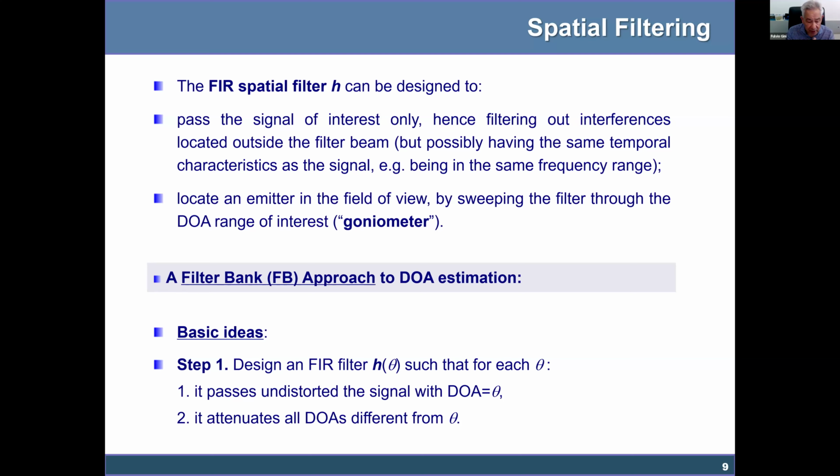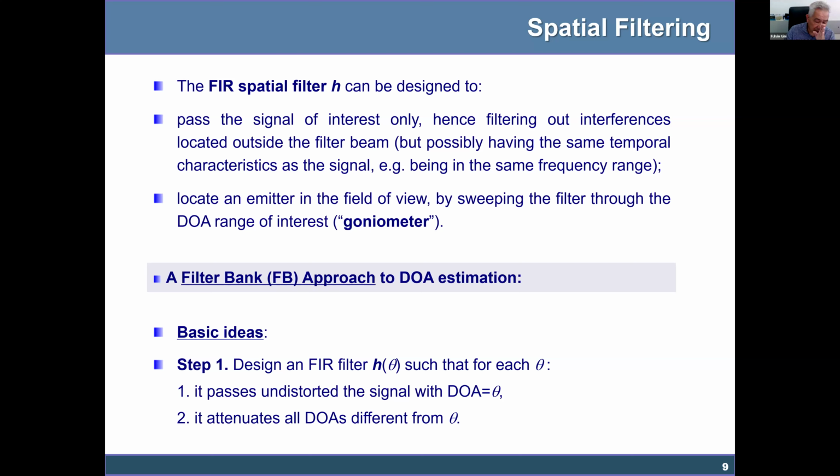So how to design the filter? Now, let's assume that we want a signal that comes from the angle theta to pass undistorted, and we want to attenuate as much as possible all the signal coming from different angles.